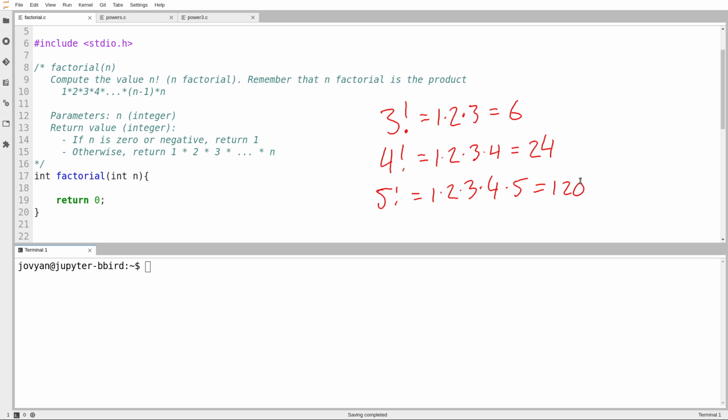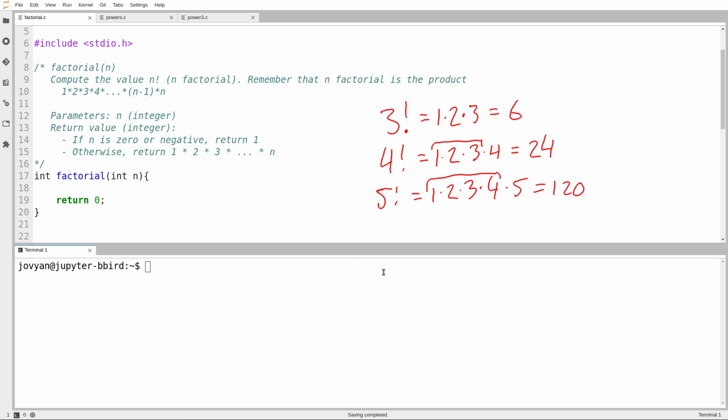And so we can see if you want to compute factorials, what you do is you multiply together every integer from 1 up to the number that you're computing the factorial of. The next thing is, maybe you'll notice there's a pattern forming here. 4 factorial, buried inside of it, I've got 3 factorial. And 5 factorial, buried inside of that, I have 4 factorial.